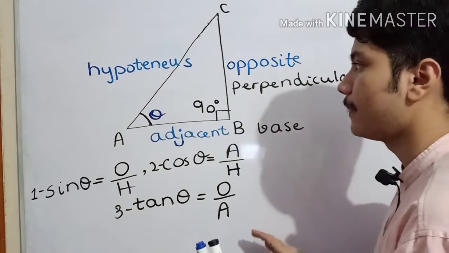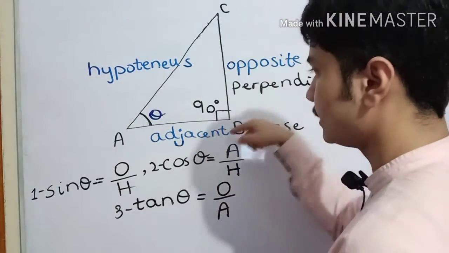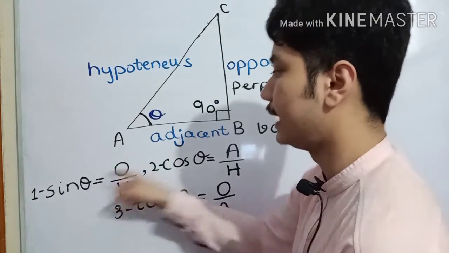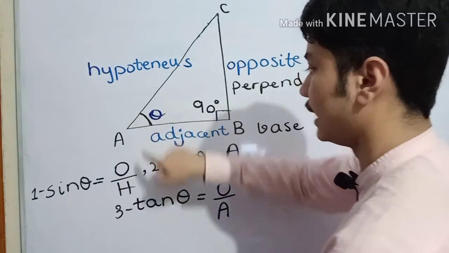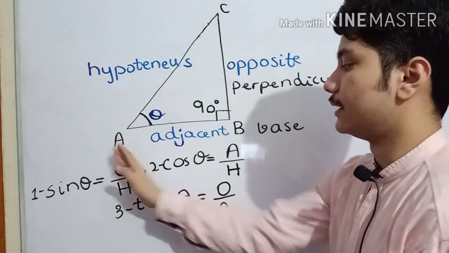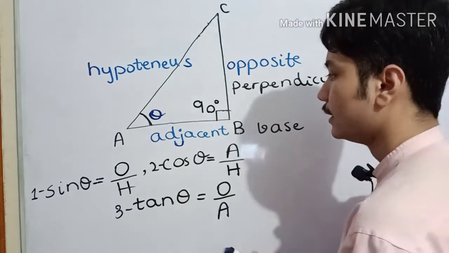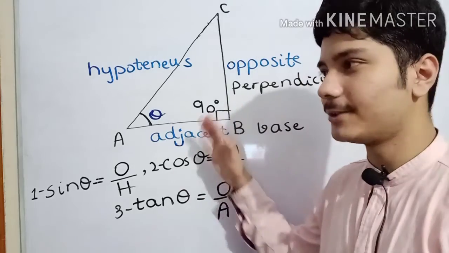What matters are the rules: if you divide this side by this one you get sine theta, if you divide this side by this one you get cos theta, and if you divide this side by the adjacent you get tan theta. So you have understood the concepts of trigonometry.